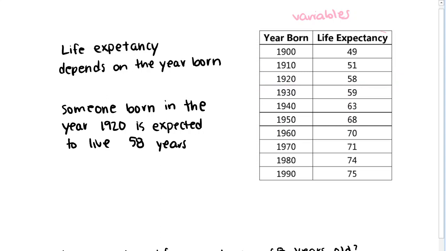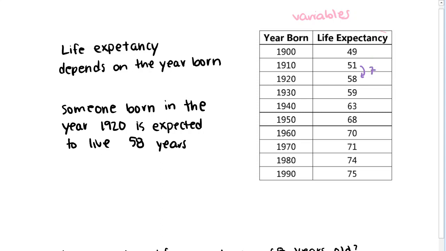So maybe we can go through this from decade to decade. I can see here that the increase in life expectancy over this decade was just 2 years. But if we go to this next interval, from 1910 to 1920, we see that this increase was 7 years.